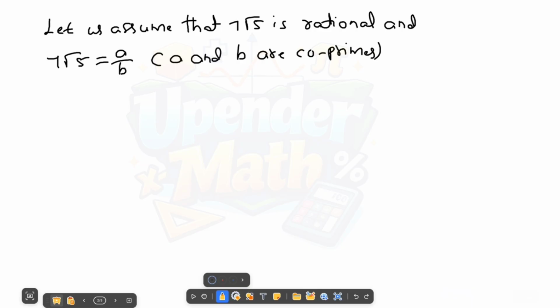Send 7 to the right side. Now root 5 is equal to a by 7b. So here root 5 is an irrational number, already we have proved it, and a by 7b is a rational number.